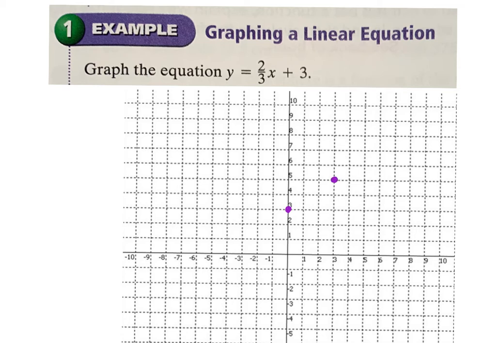Up 2, over 3. Once I have those 2 points, what do I do? Draw a line, right? That's pretty straightforward. You just connect those dots and you have your line that represents your linear equation, all right? Arrows at the end because that tells me it goes on infinitely. That is my graph, all right?